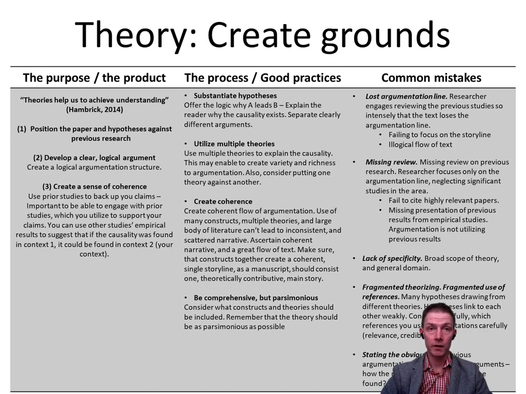Use prior studies to back up your claims, and tell about the content of prior studies. So tell how a specific study, Kohtamäki et al., studied this and that data and found these and these results. So use those types of empirical studies that build grounds for your theorizing, for your research question.